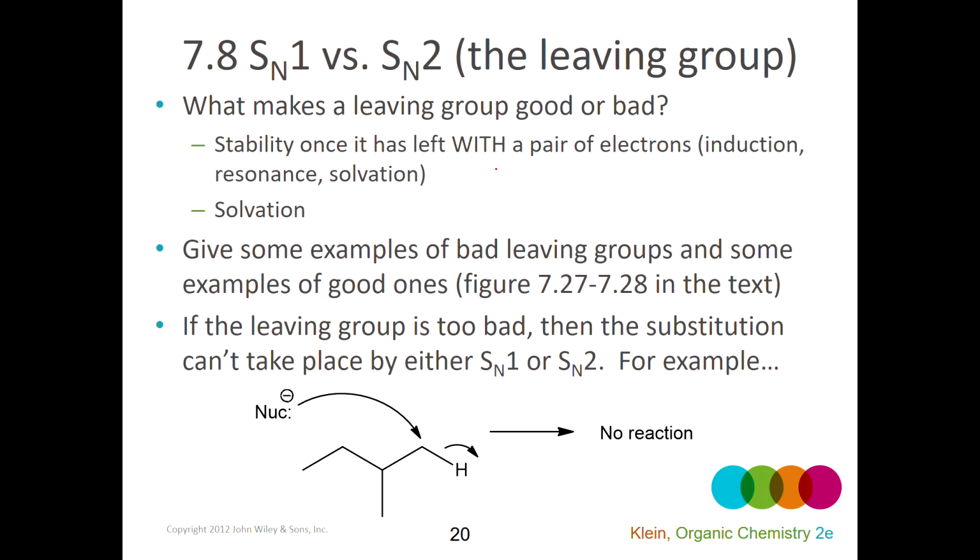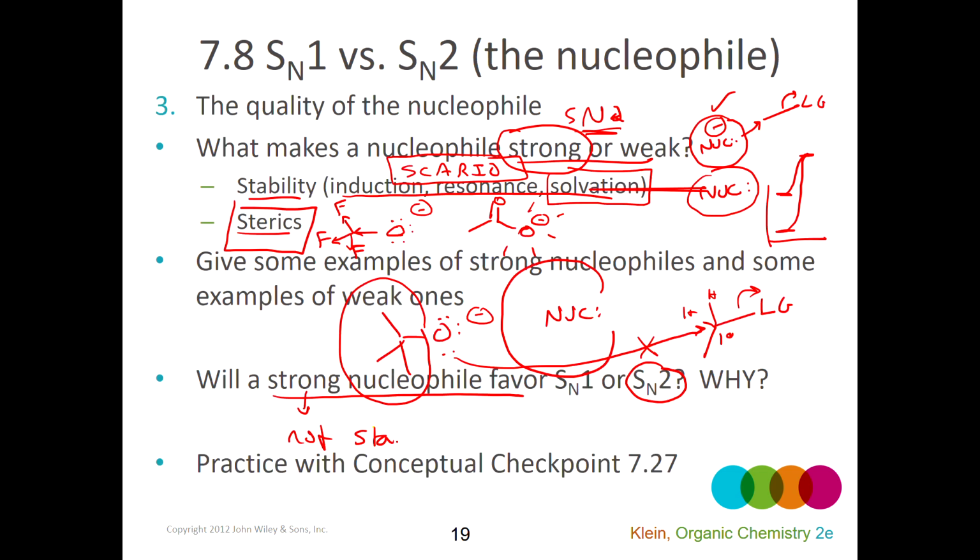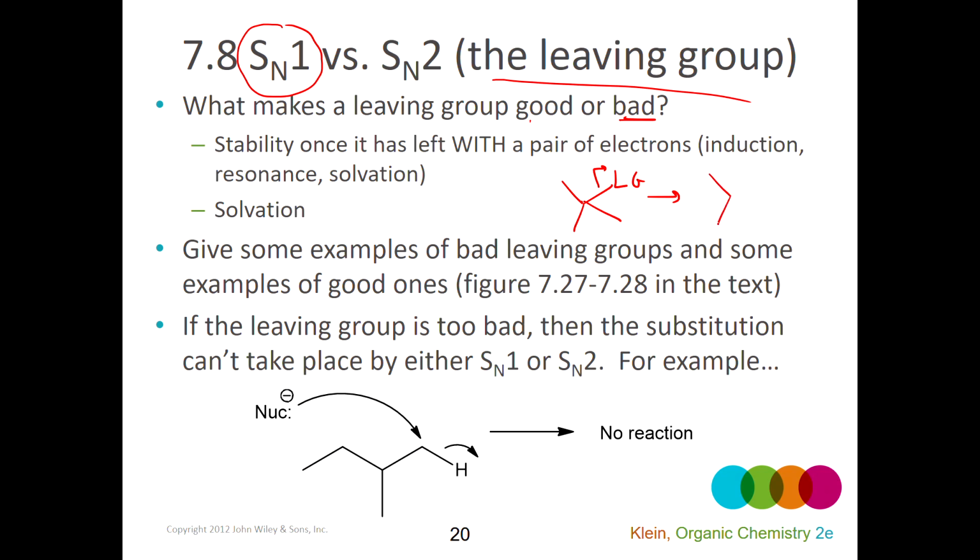All right, so the quality of the leaving group is obviously important, especially for SN1, because in an SN1, the leaving group has to leave first. So if I'm talking about a bad leaving group, one that can't stabilize the electrons it leaves with, it's not very likely to do an SN1, right? Because in an SN1, when the leaving group leaves, it's going to leave behind a carbocation, which is already pretty unstable.